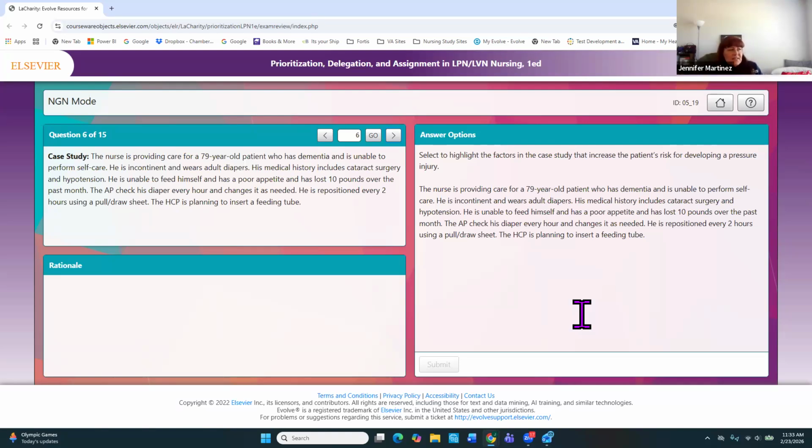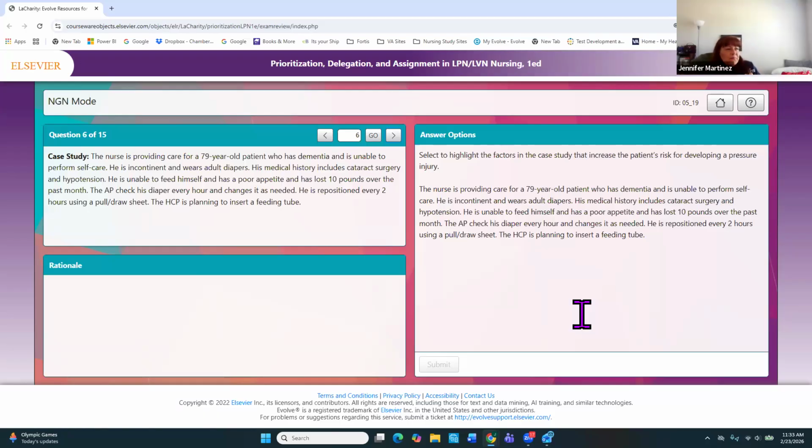The AP checks his diaper every hour and changes it as needed. He is repositioned every 2 hours using a pull or draw sheet. The healthcare provider is planning to insert a feeding tube. Select to highlight the factors in this case study that increase the patient's risk for developing a pressure injury.